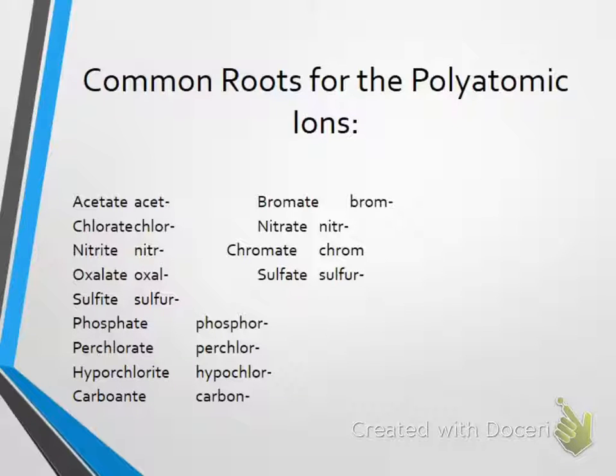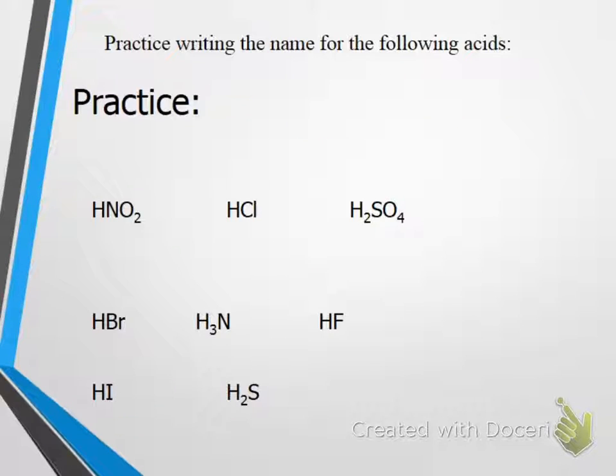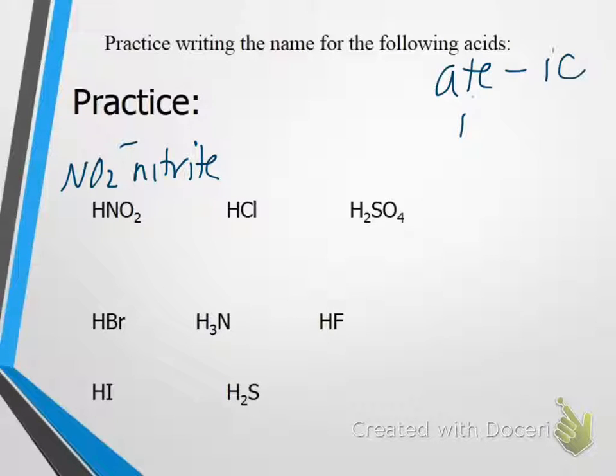So let's practice a few. All right, so we just did HNO2, okay? We know that the NO2 minus is nitrite, right? And let's write this over here, ate to ic, ite to ous. So if I have nitrite, what acid would that be?